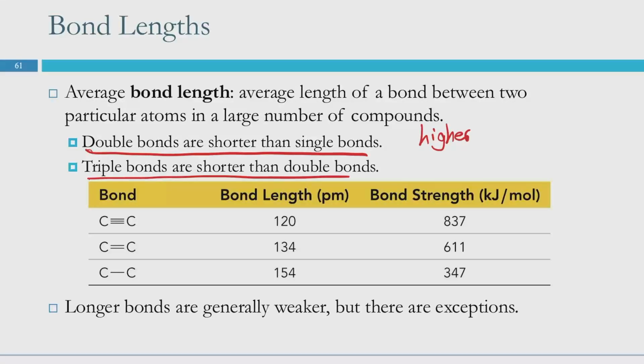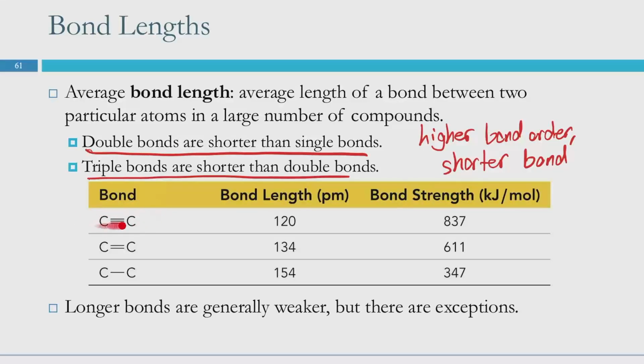We can say higher bond order means shorter bond. There are also stronger bonds. If we think of our bonds as rubber bands, with more rubber bands the two objects are going to be closer together because they're pulled together more closely. It'll also be harder to rip them apart because the rubber bands are stronger.